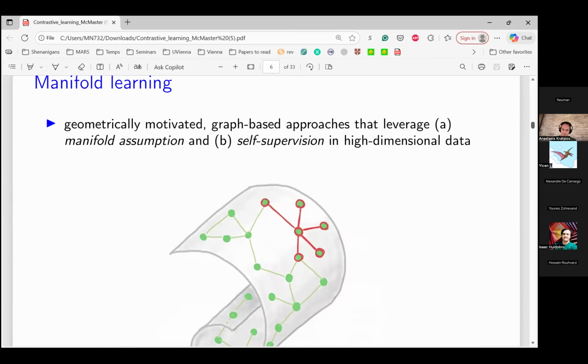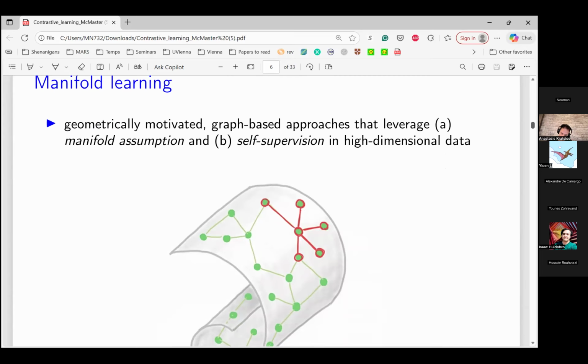So manifold learning is a subgroup of graph-based learning. It's a geometrically motivated graph-based learning approach that leverages two things. One is the manifold assumption, and two is self-supervision in high-dimensional data.